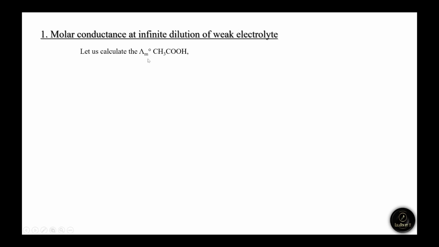We want to calculate the molar conductance of acetic acid at infinite dilution or zero concentration. According to Kohlrausch law, how can we write it? There are two ions. The cation is H plus, the anion is the acetate ion, CH3COO minus. So according to Kohlrausch law, the molar conductance at infinite dilution for acetic acid is the molar ionic conductance of the acetate ion at infinite dilution plus the molar ionic conductance of the H plus ion at infinite dilution.